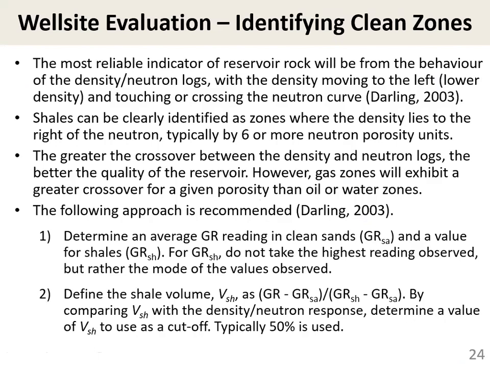Now, probably the most reliable indicator for reservoir rock is the neutron density log, with the density moving to the left and the neutron either touching it or crossing to the right. And I will illustrate this in the example I have. Shales can be identified as zones where the density lies to the right of the neutron, typically by 6 or more neutron porosity units.